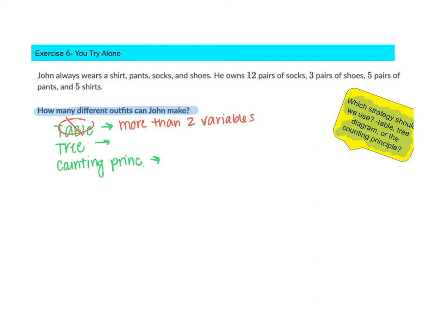Okay? Should we do a tree diagram? What do you think? Yes or no in the chat. And what would be the reason why we would not do a tree diagram? Well, we just need to know how many different outcomes he can make, not what they each are. We don't need all that info.